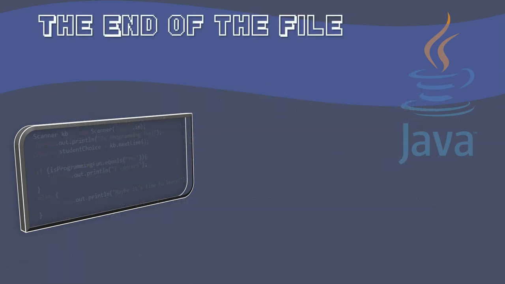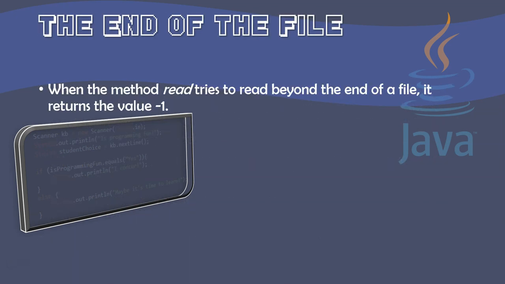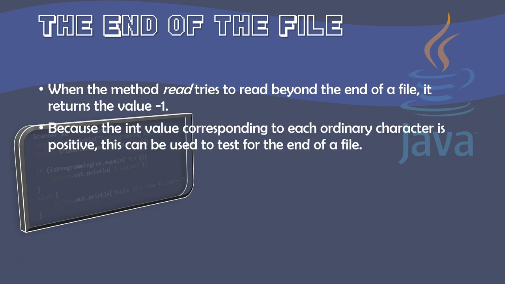What about the end of a file if we want to use read? Well, read, if you remember, is going to return an integer value. And if that integer value is -1, that is what we get if we try to go beyond what's in that file. It's because, if you remember, that integer value corresponds to each ordinary ASCII character that we're looking to pull out of here, and those character values are always going to be positive.